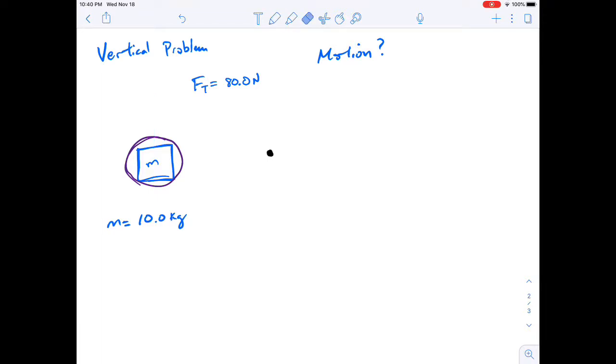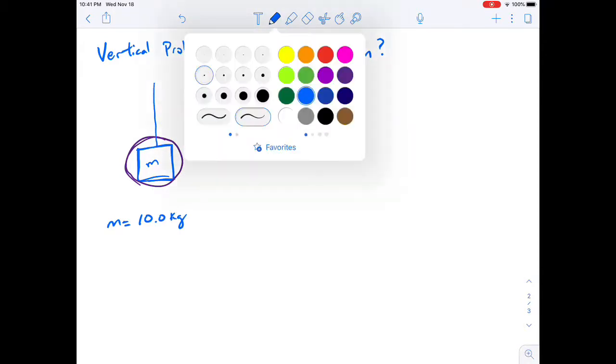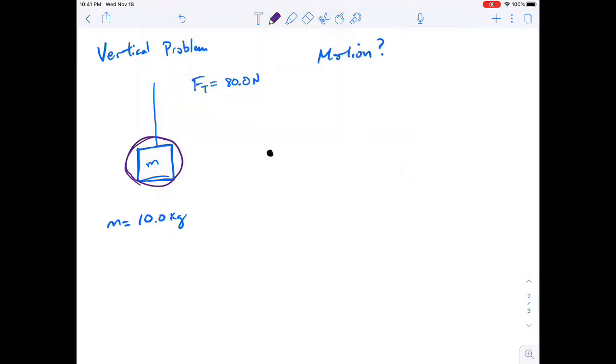If there were no string, the object would fall straight down. But since there is a string, the object is prevented from falling. So the string actually holds the object or supports the object upward. So that tension is going to look like that, right? The string is pulling on the box, preventing it from going in a free fall.